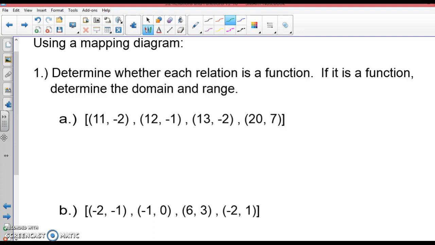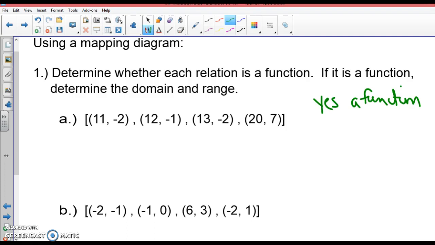First of all, I'm going to look at this without a mapping diagram. Look at the x values, 11, 12, 13, and 20. Is this a function? Yes, a function, because all the x's are different. You guys notice? I didn't even look at the y value. All I did was say 11, 12, 13, and 20.